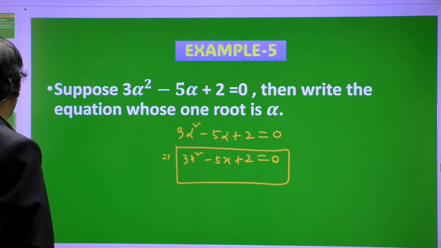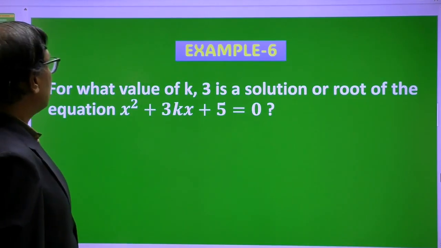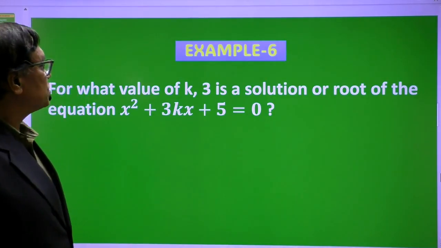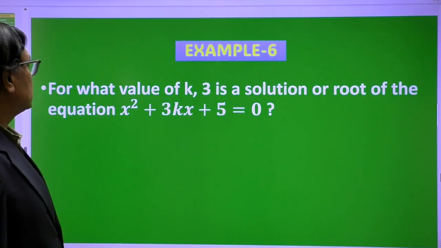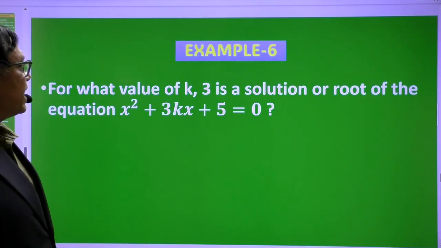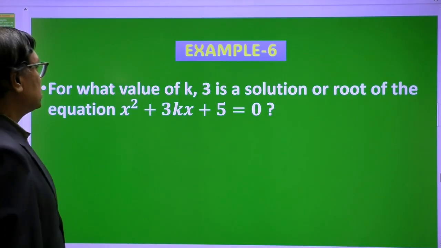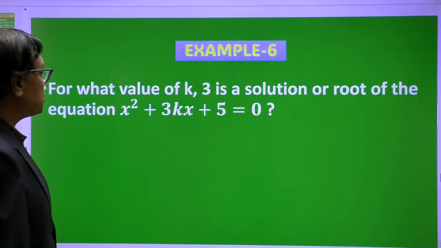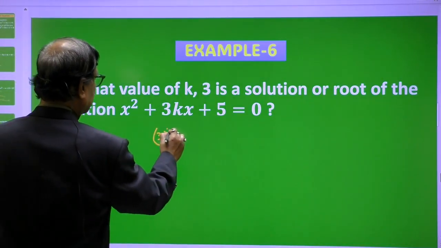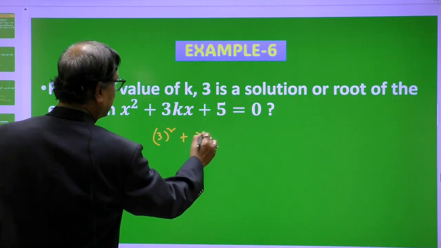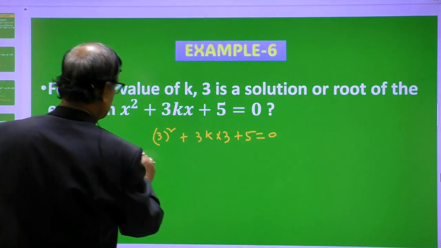Yes. Now come to example number 6. For what value of k is 3 a solution or root of the equation? Since 3 is a solution, we can replace x by 3: 3 squared plus 3k into 3 plus 5 equals to 0.